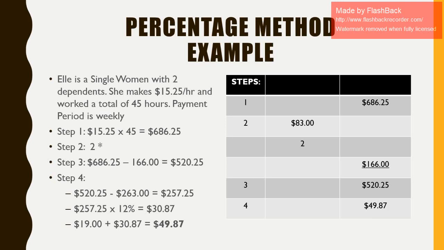Once we've done that, we've determined that we have an excess of $30.87, to which we need to add an additional $19, because that's how much the government is going to take away from our paycheck no matter what it is. And we're going to get a total of $49.87 as our total federal tax withholding.